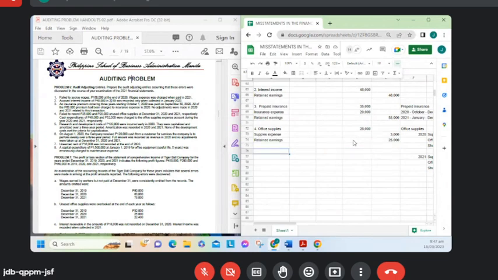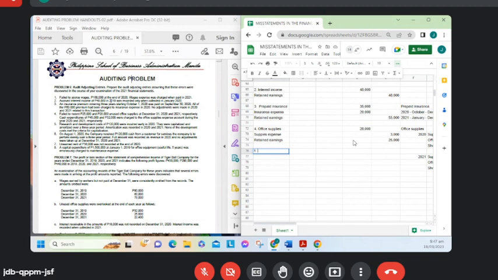Number five, research and development costs of 120,000 were incurred early in 2020. So they were capitalized and amortized over a 3-year period. So amortization was recorded in 2020 and 2021. None of the development costs met the criteria for capitalization.